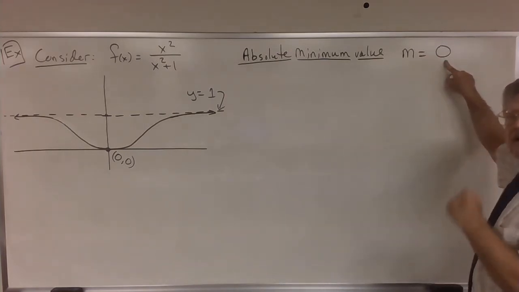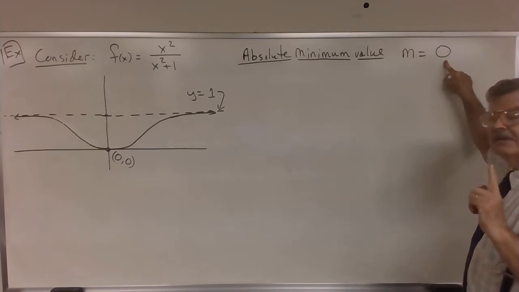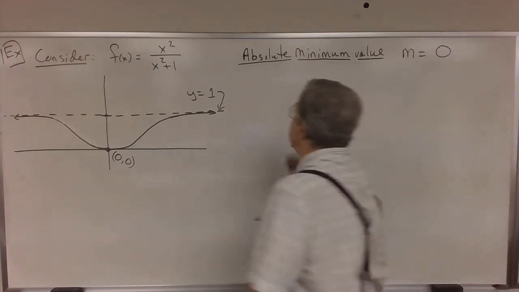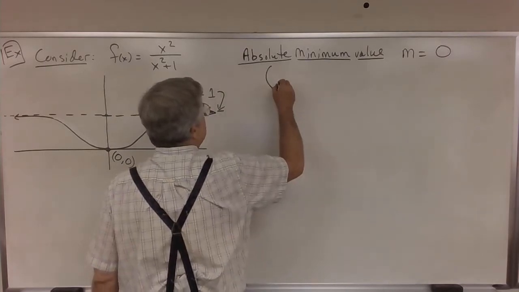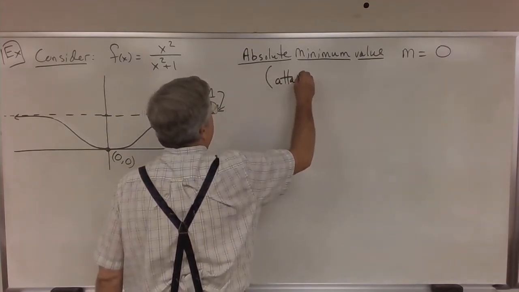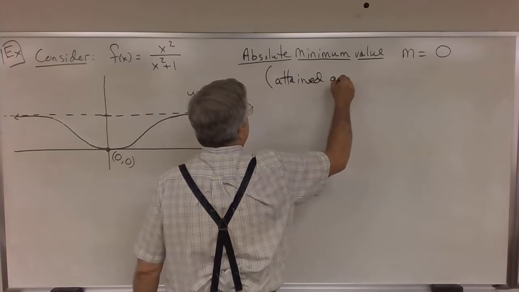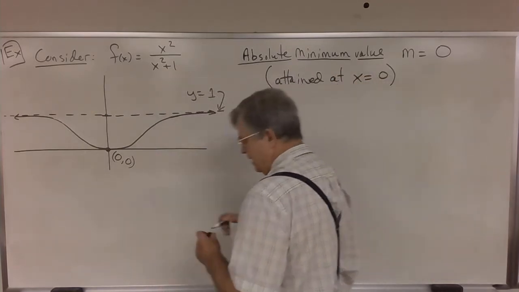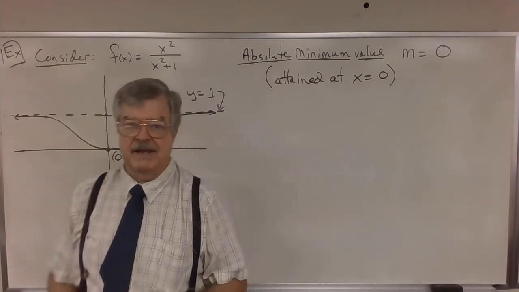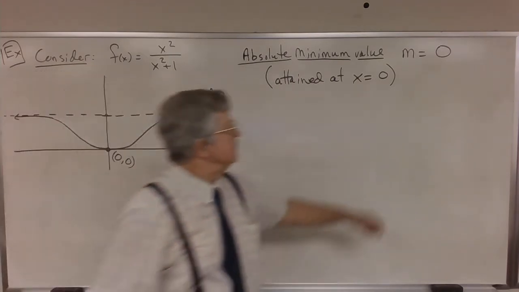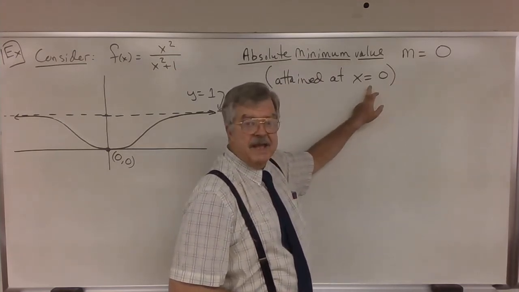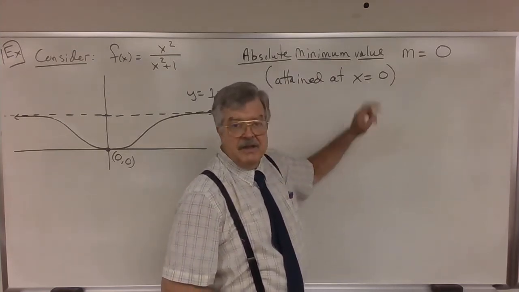It's the smallest value or the least value that f of x attains. And I'm going to give the x value at which the absolute minimum value is attained. So the absolute minimum value is 0, and it's attained at x equals 0.